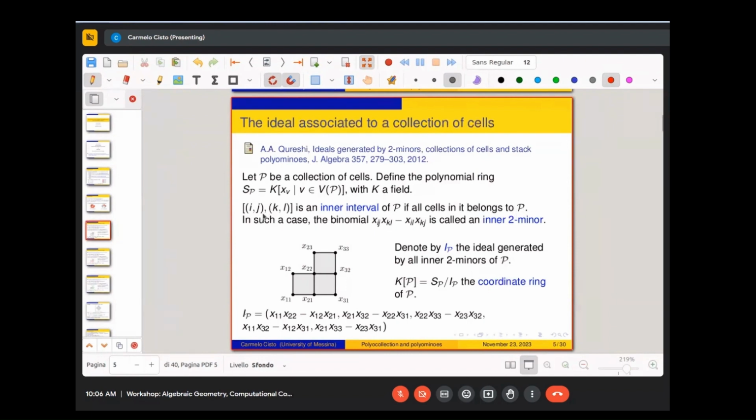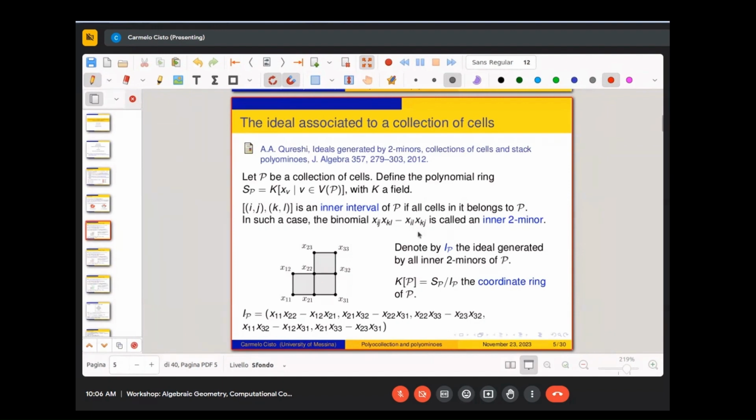And to all inner intervals, we associate a binomial called an inner minor. This binomial is the product of the variables associated to the diagonal corners of the inner interval minus the product of the variables associated to the anti-diagonal corners.